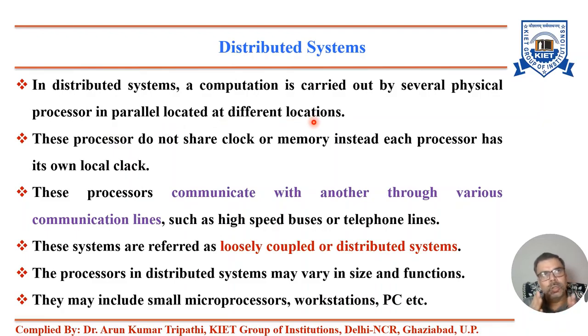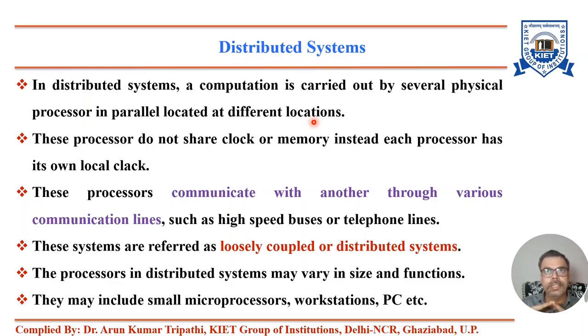One server is located at Mumbai, another in Delhi, a third one in Calcutta, and a fourth one in Chennai. So there are four different computers located at different locations, but they are working simultaneously together by sharing the data. Such a type of system is known as the distributed system.